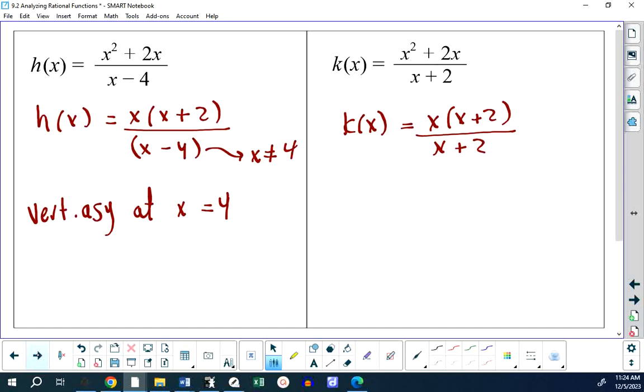You know, the factoring can get more complicated. Right now, I just want you to focus on getting used to what the non-permissible values turn into graphically. So when you look at this function, it's pretty clear that x is not allowed to be negative 2.